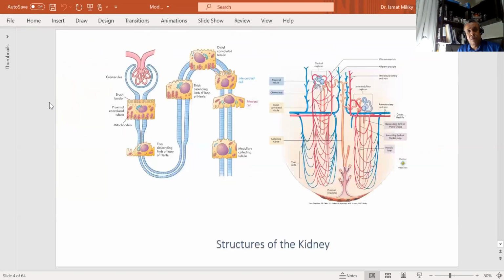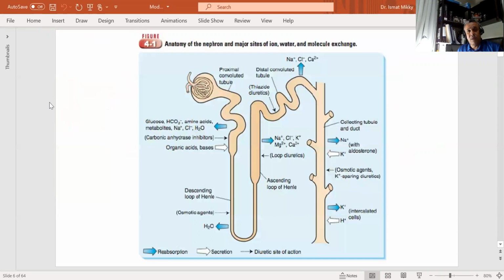Just to the slide, which explains the sites of action of different medications. For example, the loop diuretics like Lasix, which is furosemide.